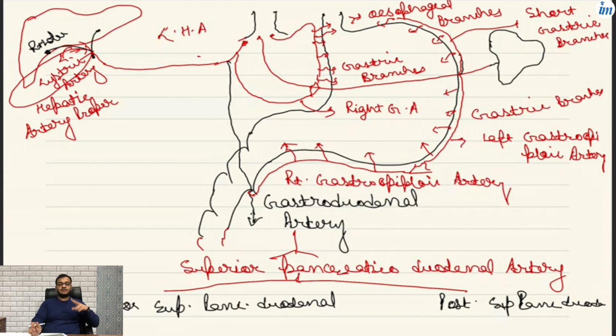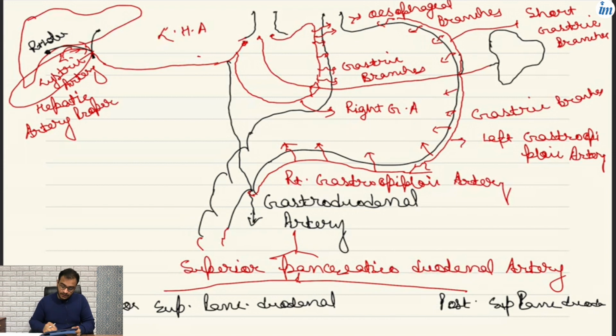So let us revise with MCQs. If we ask which is the first branch to supply the stomach from the celiac trunk, it is the left gastric artery. Which is the largest branch of the celiac trunk which supplies the stomach? It is the splenic artery, in the form of the short gastric artery and left gastroepiploic artery. If we ask which supplies more than 20% to the stomach, yes, it is the left gastric artery.